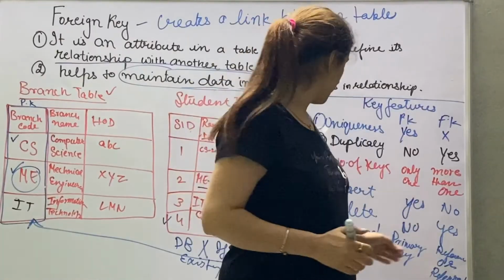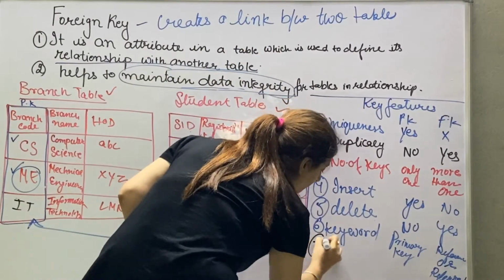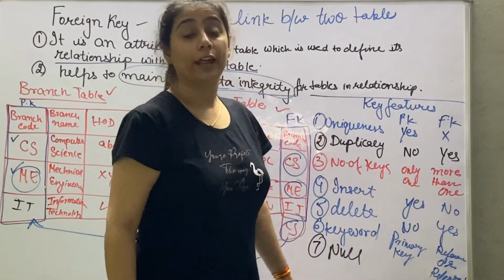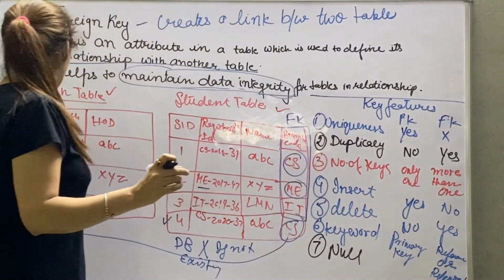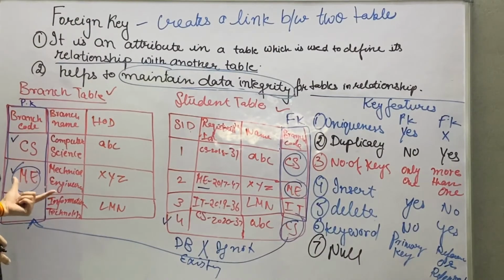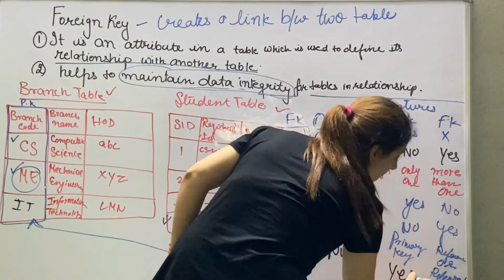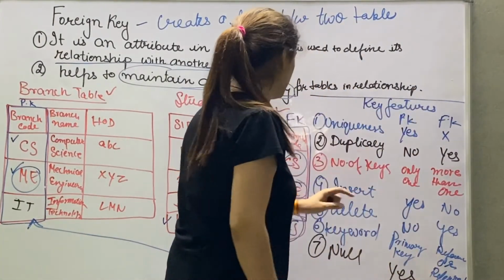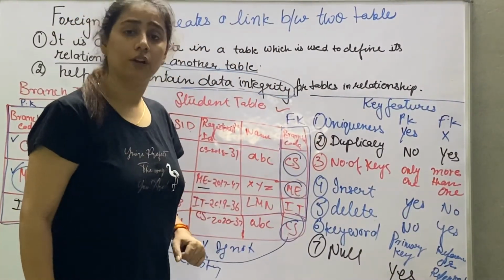Next is null. Null means empty. That means you cannot leave an empty cell, an empty record here in the primary key. This is also an important constraint of primary key. So this is applied here, but you can leave it over here. You can set null in the foreign key.